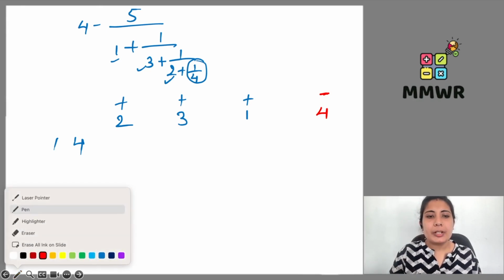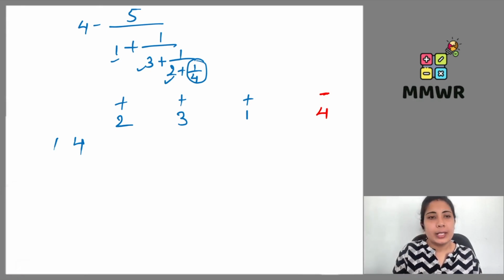Okay. After writing it in this way, what will we be doing? We'll be calculating as it is. 4 2s are 8 plus 1 is 9. 9 3s are 27 plus 4 is 31. 31 ones are 31 plus 9 is 40.